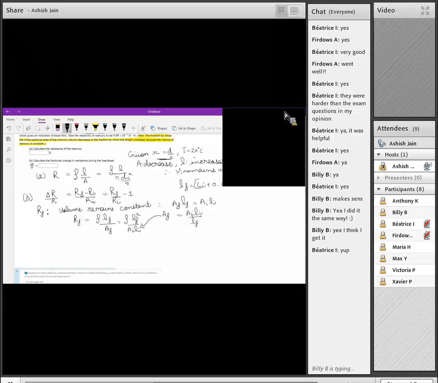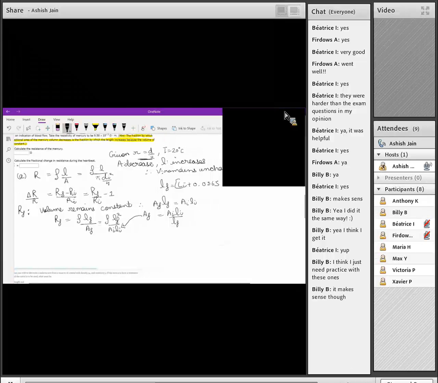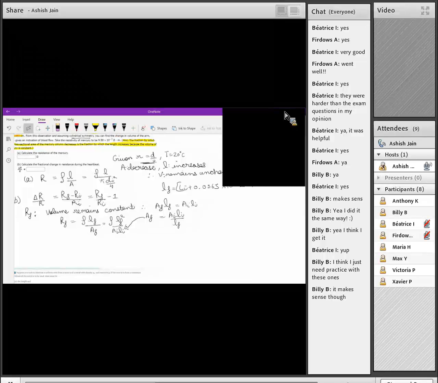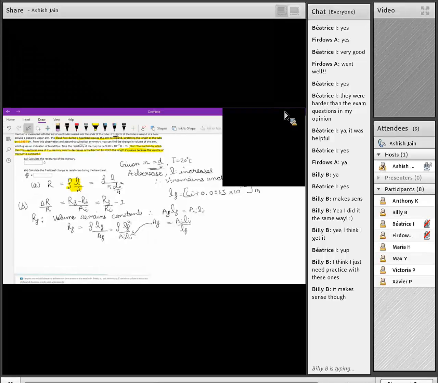Does this make sense, everybody? You can ask me questions if you have some problem. So I'm just using the equation rho L by A, where rho is the resistivity, L is the length, and A is the area of the cross section.